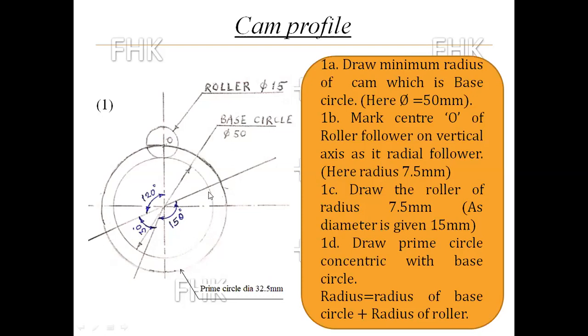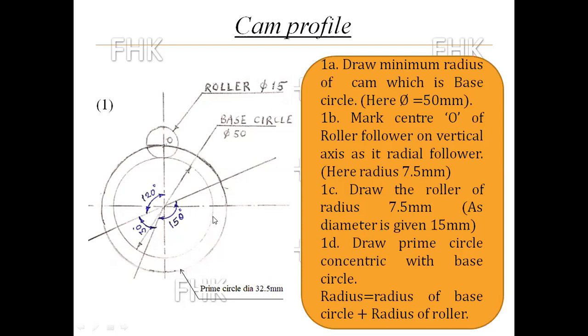Now draw the second offset circle, which is the second concentric circle, nothing but the prime circle. In case of a roller follower, you have to draw two concentric circles. The inner circle is called the base circle and the outer circle is called the prime circle. In case of a knife edge follower, these two circles will not be offset.